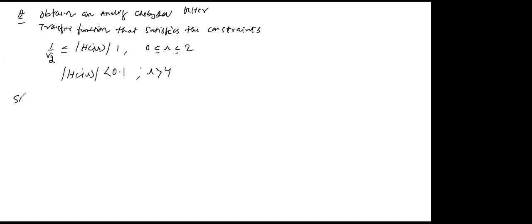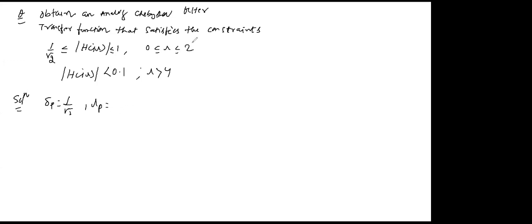Now we have to find the transfer function. Can someone guide me? What is the value of delta P? One by root two, sir. Very good, it is 1 by root 2. What is the value of omega P?